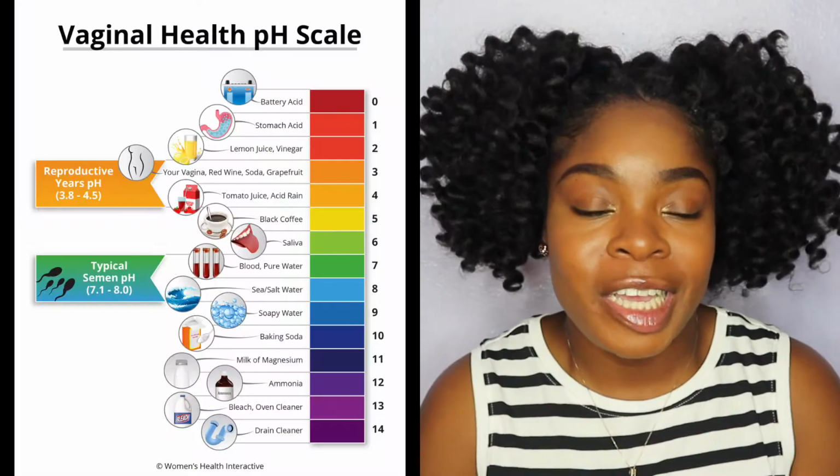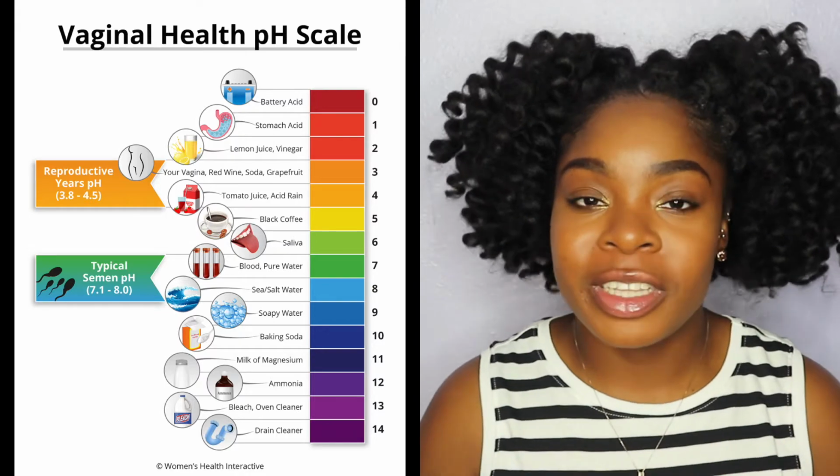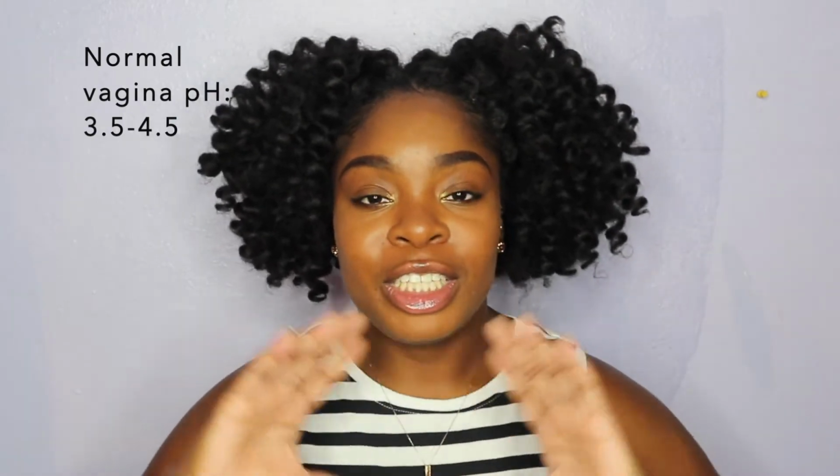A pH level that is less than 7 is a more acidic environment, and a pH level that is more than 7 is more alkaline and basic. The normal pH of the vaginal area is around 3.5 to 4.5, and that is the normal range for our vagina. So it's mildly on the acidic end, but not alkaline at all.